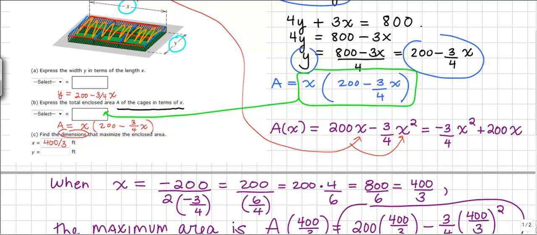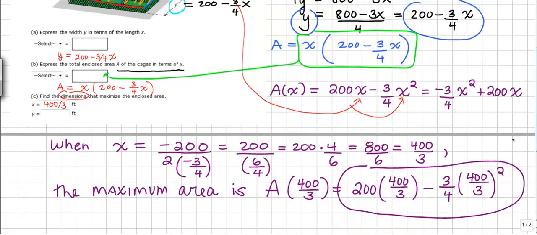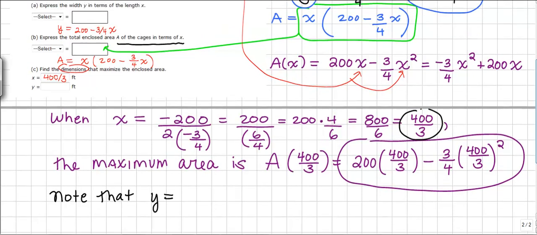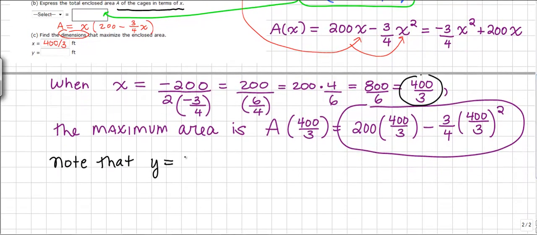But your two dimensions were x and y, and remember y was equivalent to 200 minus 3/4 x. So you could either take the maximum area and divide by the length x and get the other dimension, or you could just use the formula for our dimension. We said again that y was 200 minus 3/4 x, and in this case, x was 400 thirds.